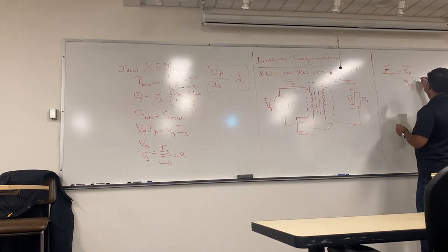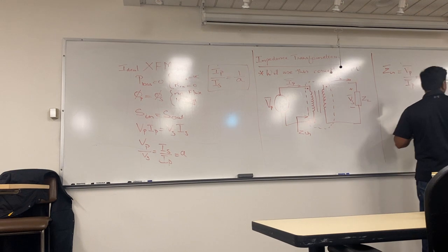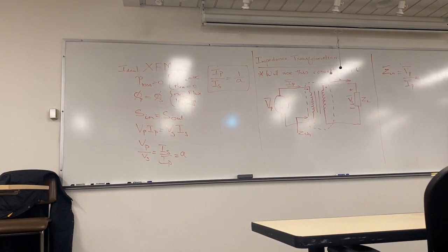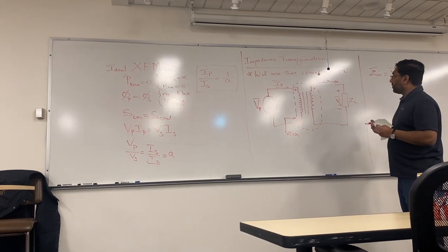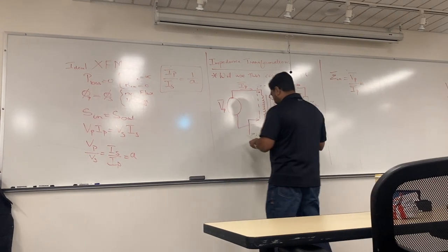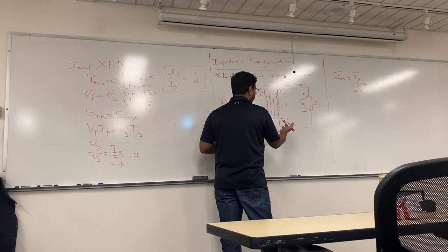My Z in is VP over IP, and here's where the turns ratio comes into play. Maybe I should have the turns ratio here just for your reference. What I'm trying to do here is, anything that's on this side, I don't know how to even solve two circuits.